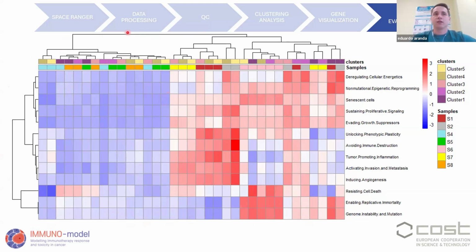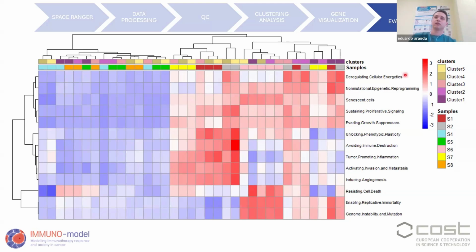And as we can see here in the heat map, first our samples are divided between high immune or low immune, and later they are divided between stromal and tumor region. For example, in the high immune samples, the tumor samples are together here, and here the stromal samples.